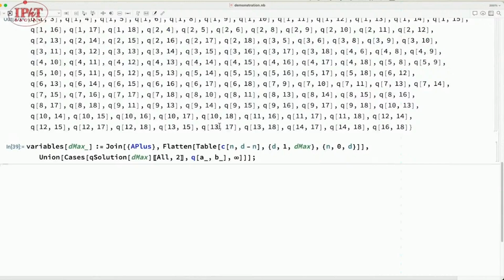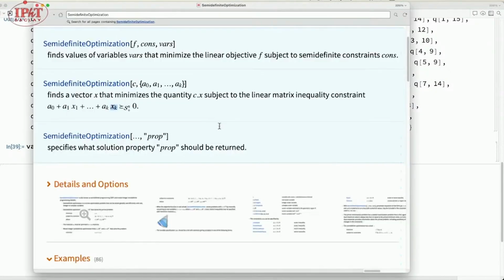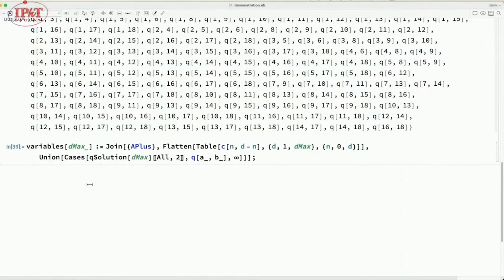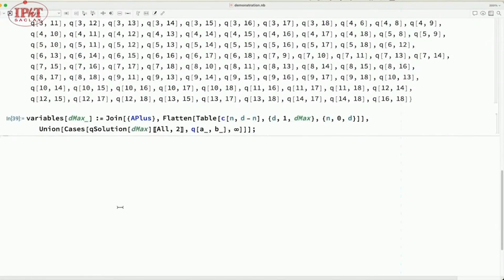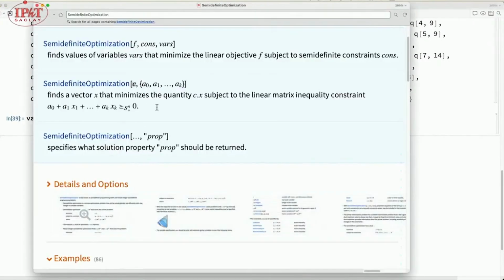So now we need to build the input to this function, semidefinite optimization. So C is precisely variables, if I remember correctly. Minimize vector x.